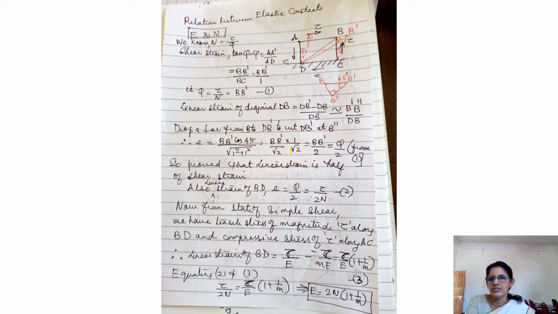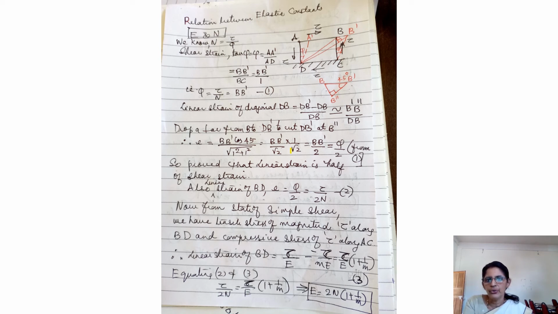Tau by E is the direct strain in the direction of AC. So lateral strain along the direction of BD will be direct strain into 1 by m, because you already know that Poisson's ratio 1 by m is equal to lateral strain by longitudinal strain. So lateral strain is equal to 1 by m times longitudinal strain. So longitudinal strain along diagonal AC is tau by E into 1 by m, you get tau by mE.